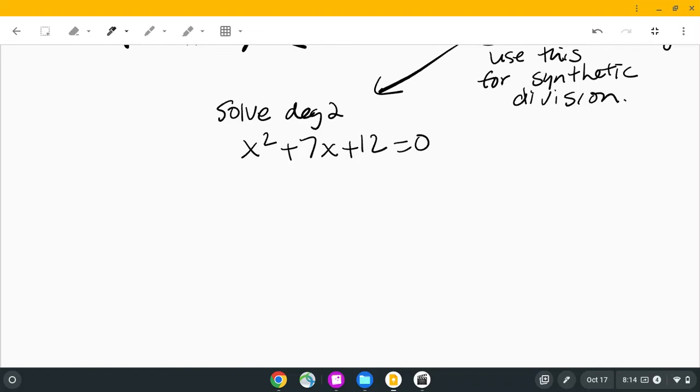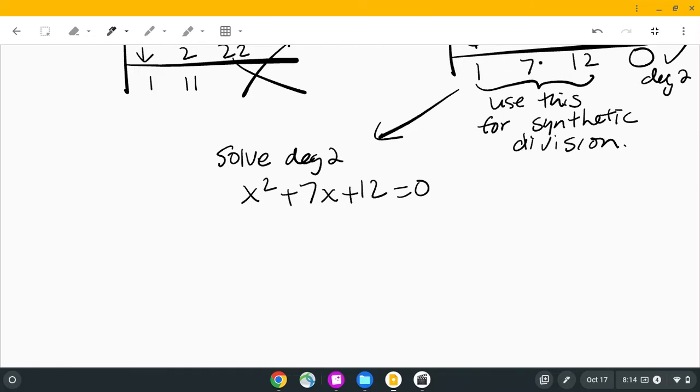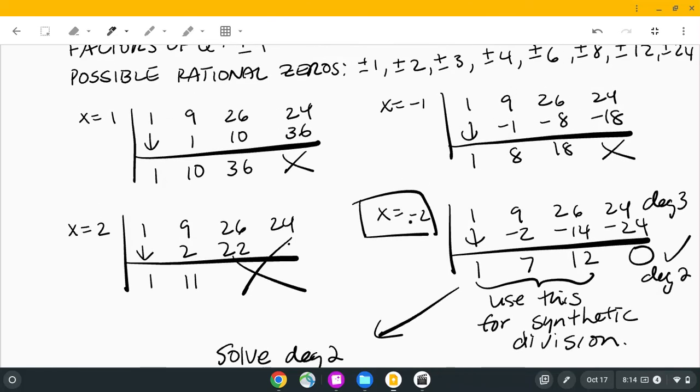So instead of doing my synthetic division, you could keep going that route if that's the way you want to go. Like I did with the last problems, you can use your synthetic division and keep checking your list. Don't forget to check -2 and see if it works again. -2 and then check 3 and -3, 4 and -4, 6 and -6, 8 and -8.